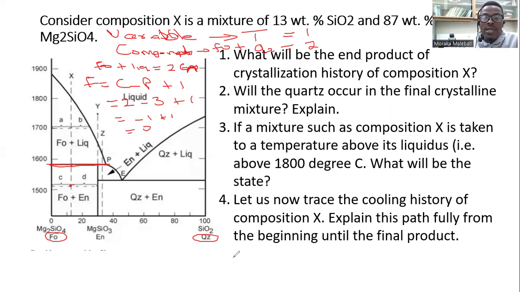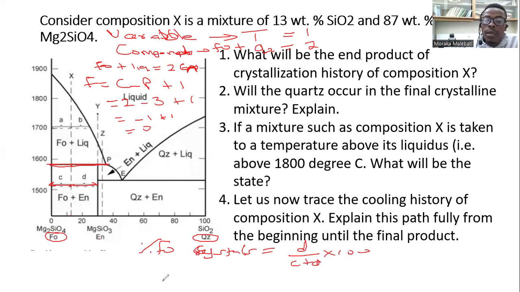If you also don't know what a lever rule is, please visit that video in MJ School of Mining and Geology. So if we want the percentage of the phosphorite crystals, phosphorite is towards this direction, and enstatite is towards this direction. So we must go in the opposite direction, which is D. So it will be D divided by C plus D, multiplied by 100%.